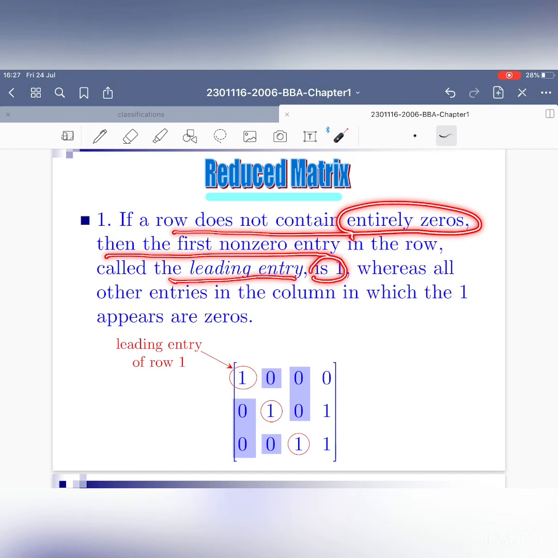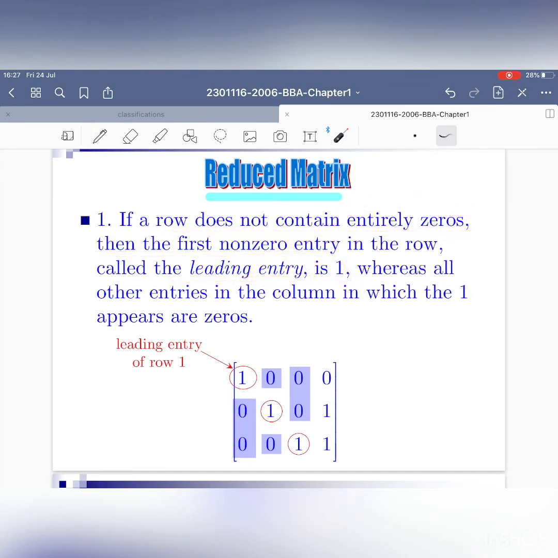It has to be 1. So for example, this is the first row. This one contains some numbers other than 0. So the first non-zero term that you can see must be 1. In order to be a reduced matrix, the first non-zero term that you see on a row which is not entirely 0 must be 1. This one is called a leading entry, and it must be 1.